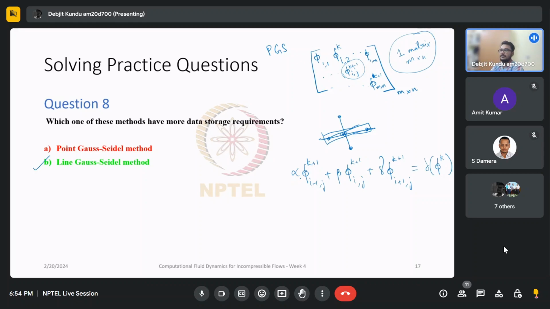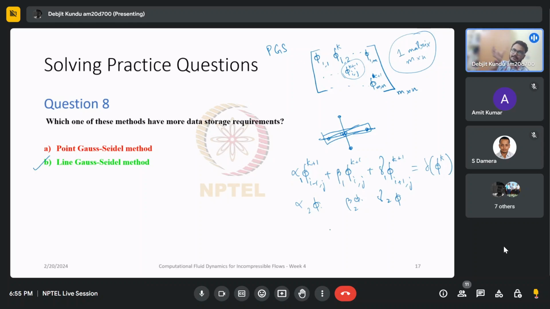And I have multiple such equations. So I'll just call them alpha 1, beta 1, gamma 1. Similarly, I'll have alpha 2, beta 2, gamma 2. And similarly i minus 1, comma j, i comma j. Okay, now I'll go to the j plus 1th level. Am I doing this correctly? Or no, sorry. If you're doing an X sweep, then we'll just shift these values.